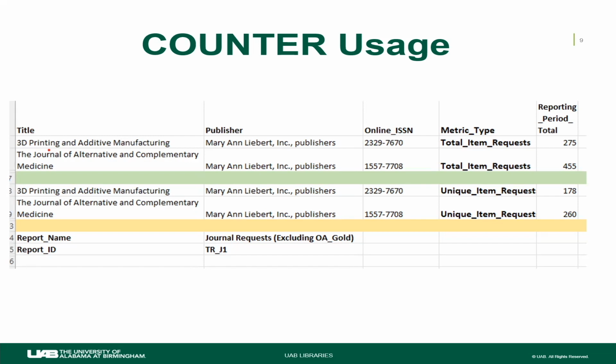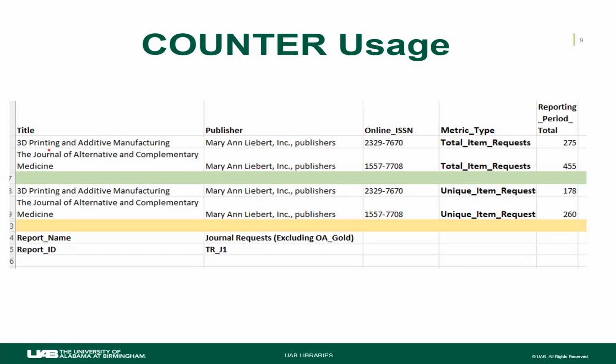So how many times was this particular journal requested? How many times did someone go in and request an article out of this particular journal? So your total cost could be $10 and you have two articles, or in this case, $2.75. So you take that and then divide it in.